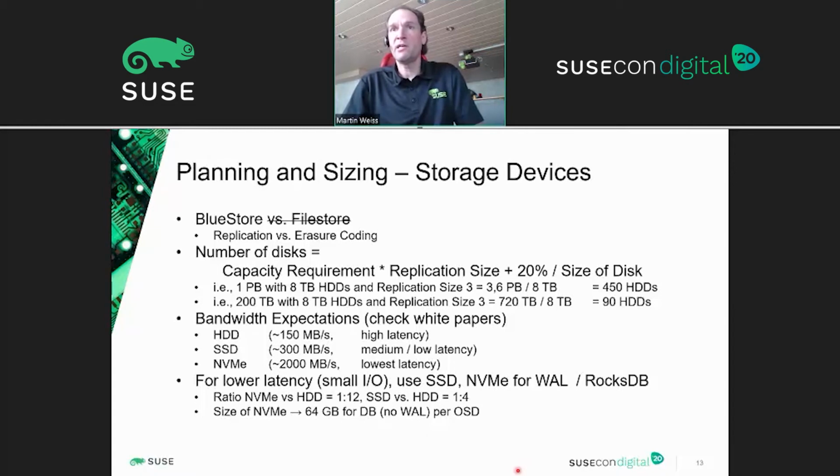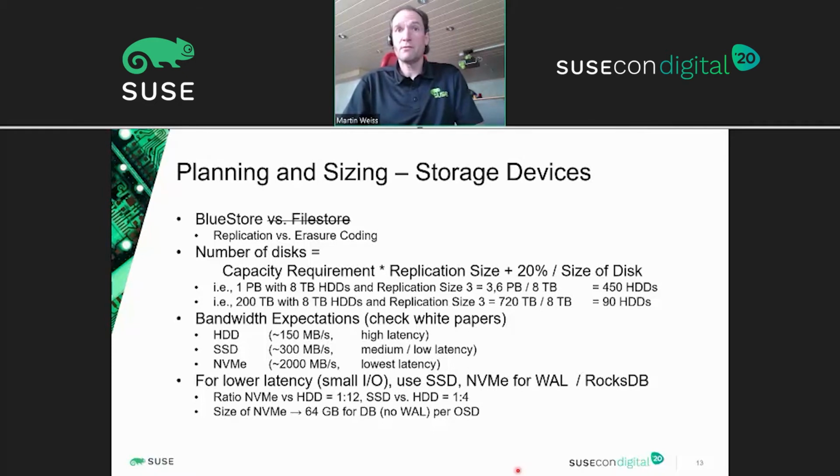For the big I/Os, that does not really matter. So if you put, for example, 24 spinners in one server, we recommend putting at least 2 NVMEs for the RocksDB of these devices into the same server, and configuring the system to have RocksDB separated on these NVMEs.